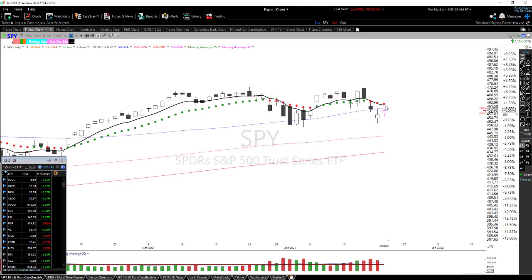Anything below the T line, I also think the sellers still have control. So really, when it comes down to it, I'm going to need to see price pretty much above 463.60 before I see bullishness in there. Doesn't mean we can't be bullish on the way up, okay?